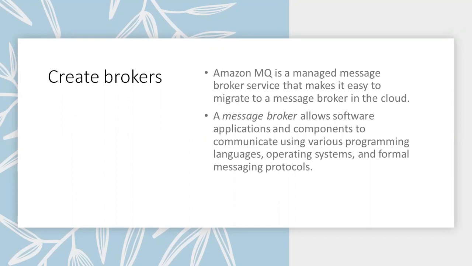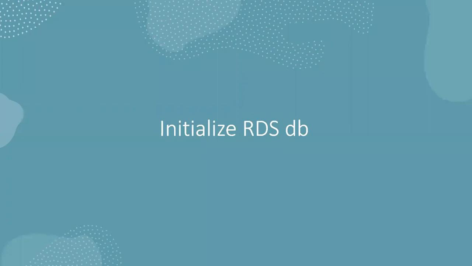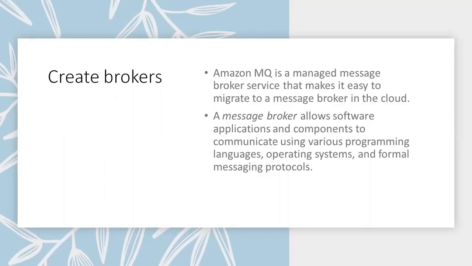Now, in order to create a broker, we have 3 steps involved. We have to configure the basic broker settings, configure additional broker settings, and then finish creating the broker.